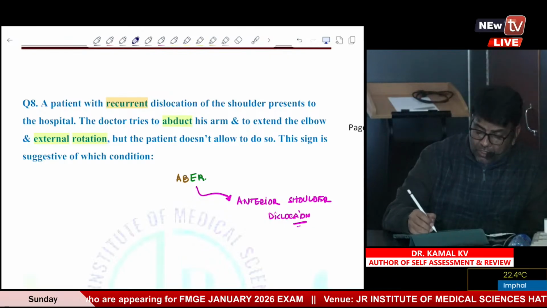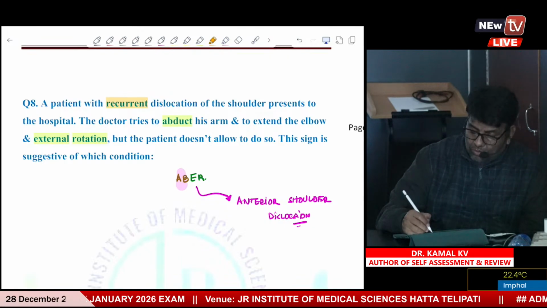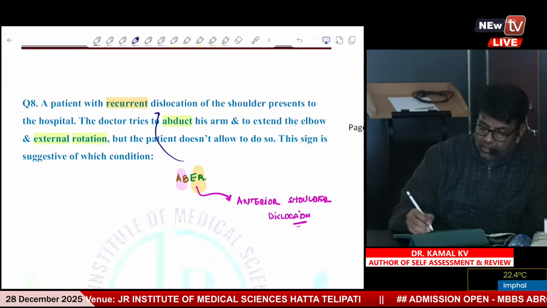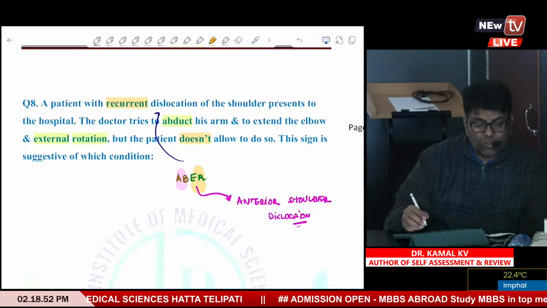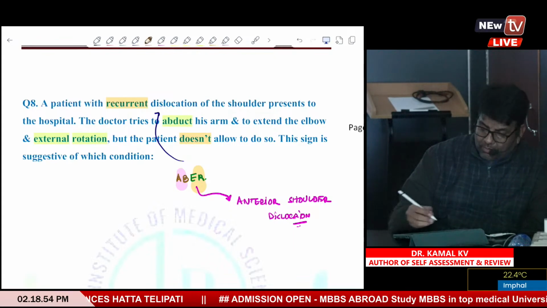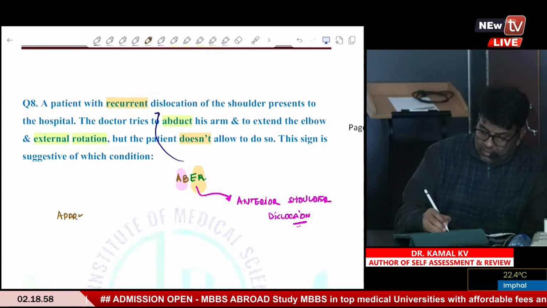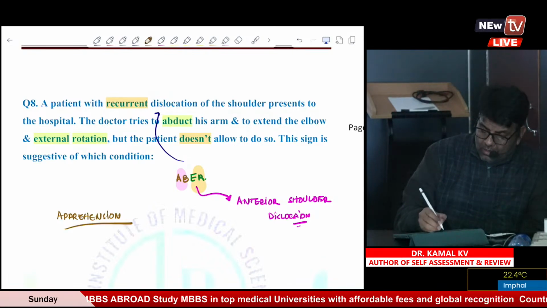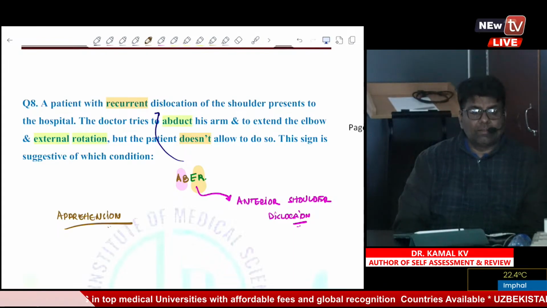Since the patient knows that the moment the shoulder goes into abduction and external rotation it can dislocate, the patient will tell the doctor to stop the maneuver, and this is known as the apprehension test. What do we mean by apprehension test? The patient is fearful.